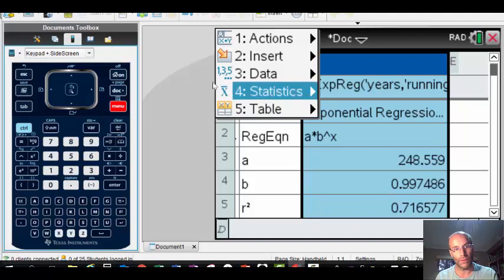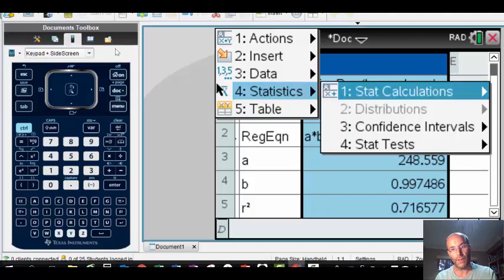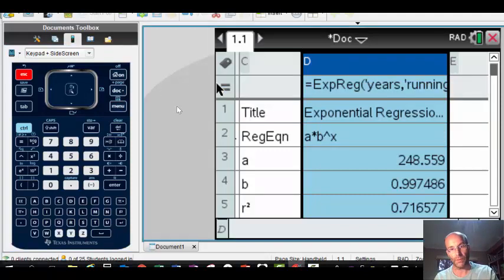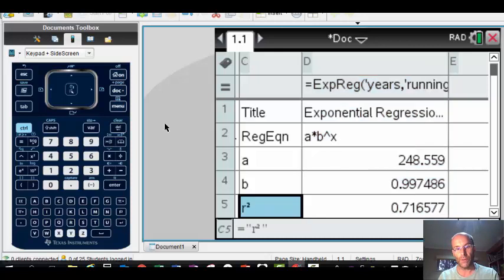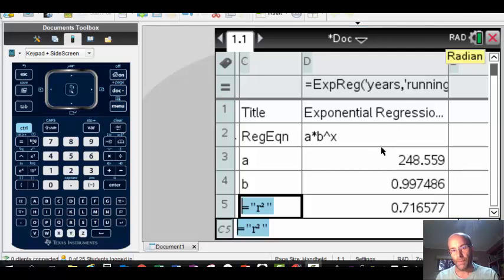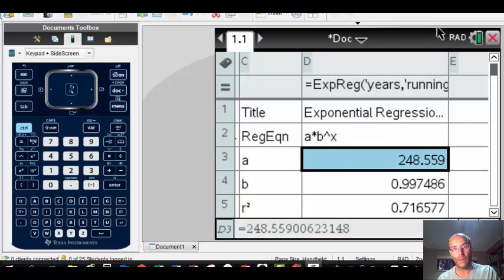Now I had my diagnostic turned on earlier, so I don't think I can get to it from the screen. In settings for regression, I had my diagnostic switched on. That'll give you an R squared value. It's not brilliant at 0.716577. It's okay.